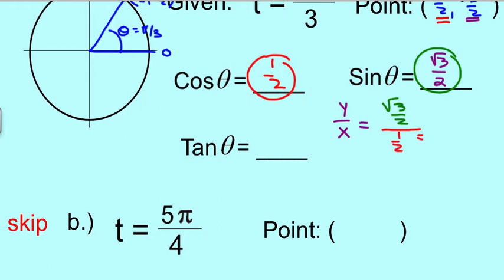We're going to keep the first fraction as square root of 3 over 2, change it to multiplication, and flip that bottom fraction by reciprocating it as 2 over 1. Now clean it up. Cancel out the 2's, multiply across, and we get square root of 3. So the tangent of this angle pi over 3 is square root of 3.